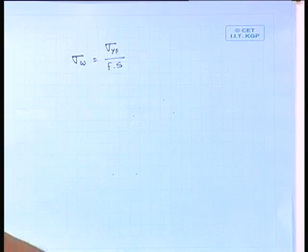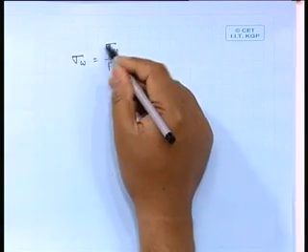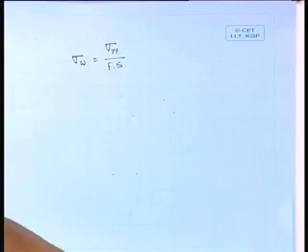So this Fs is factor of safety, and sigma may be yield point, it may be ultimate stress, depending on the situation. If it is ultimate stress, definitely factor of safety will be little more on the higher side. If it is yield stress, it will be little bit on a lower side, but that will be the load or the limit of the stress we normally permit.